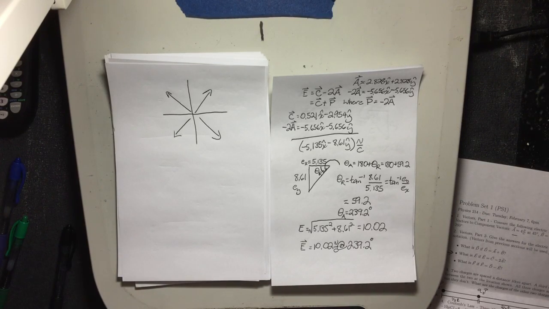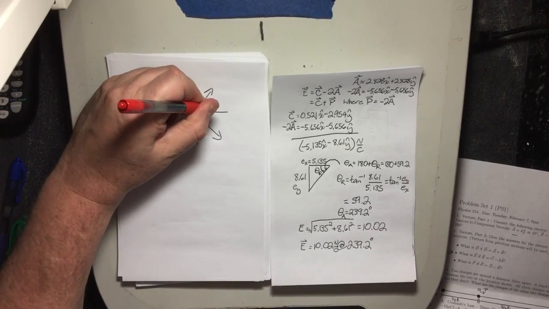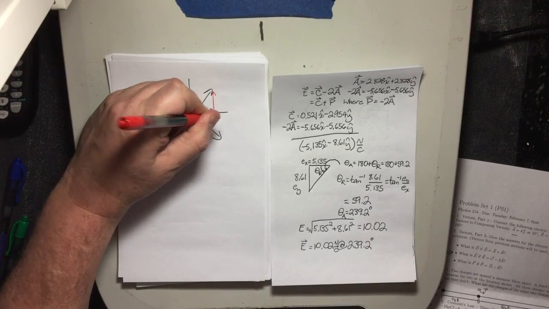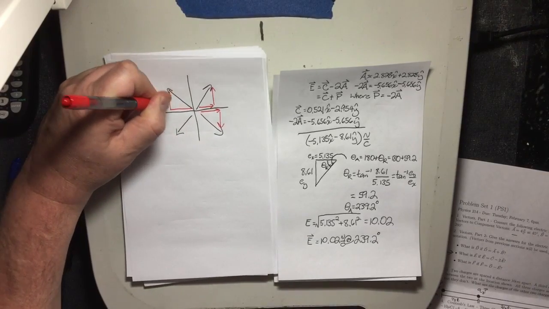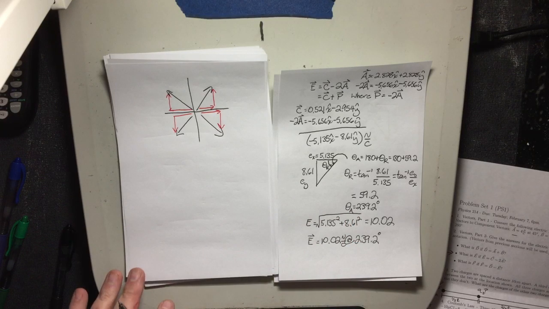There are many ways to add vectors, but the streamlined way that I do it is these triangles are always drawn x, then y. X, then y.